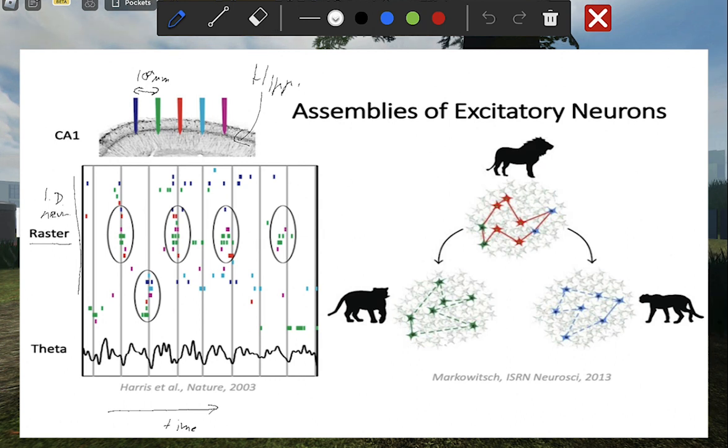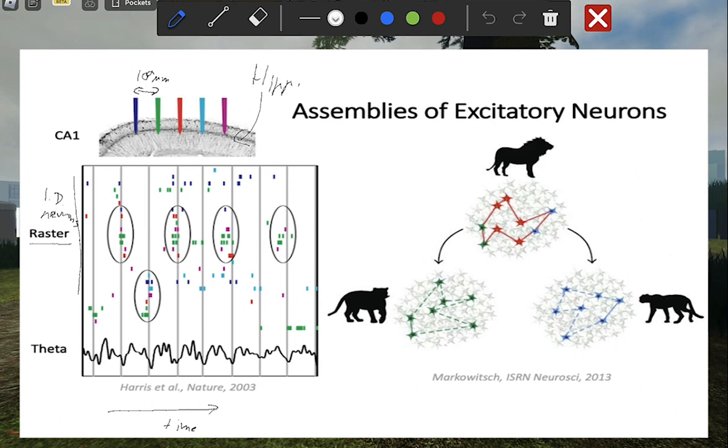You can think of each of these little lines as an instance of a particular neuron being active, and each row is a different neuron, and the colors indicate which electrode they came from.